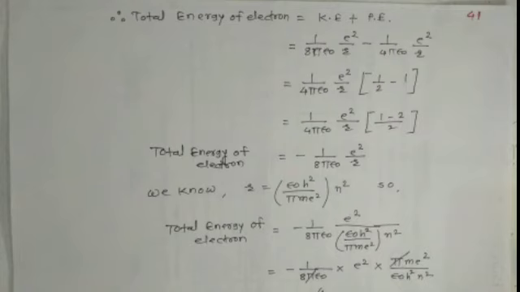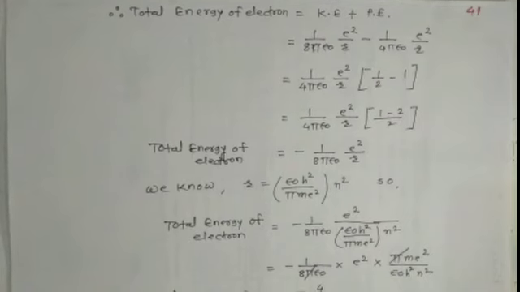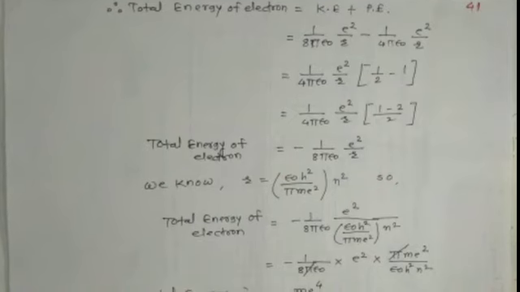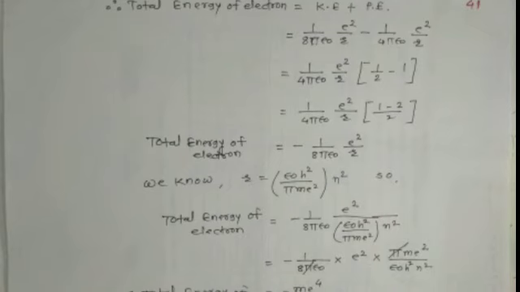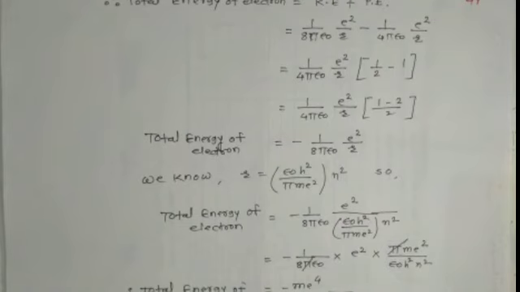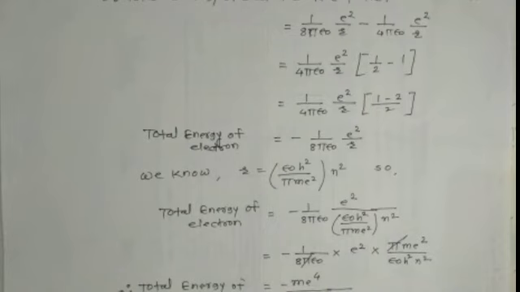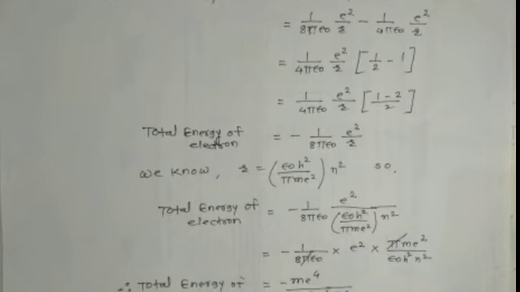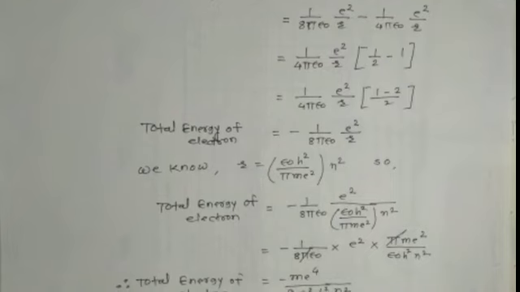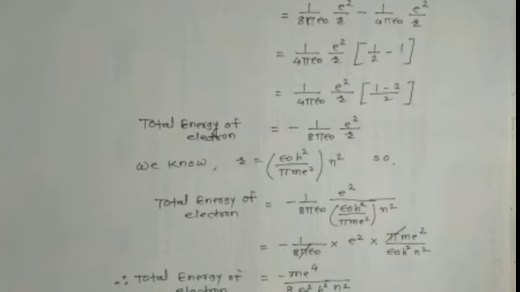So, total energy equals kinetic energy plus potential energy, which is 1 upon 8 pi epsilon 0 e square upon r minus 1 upon 4 pi epsilon 0 e square upon r. If we take common 1 upon 4 pi epsilon 0 e square upon r, in bracket 1 by 2 minus 1. If we calculate, the total energy of electron will be minus 1 upon 8 pi epsilon 0 e square upon r.